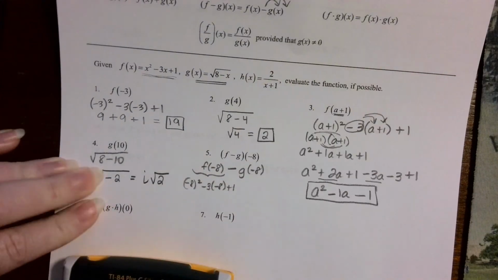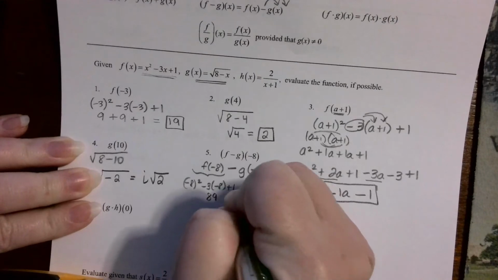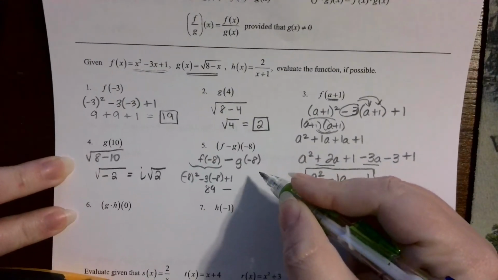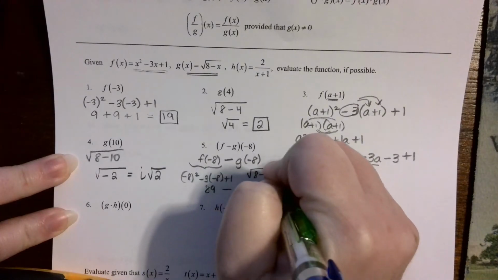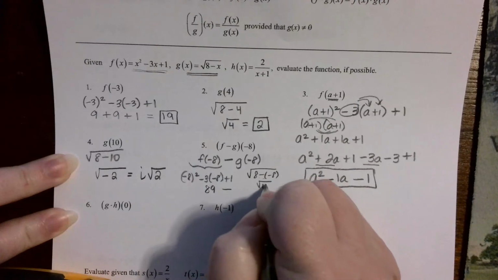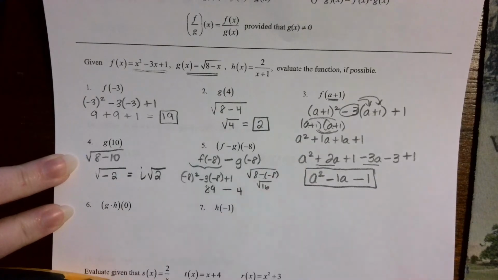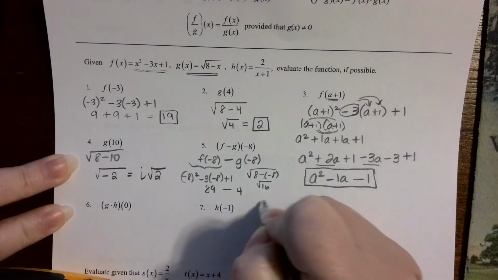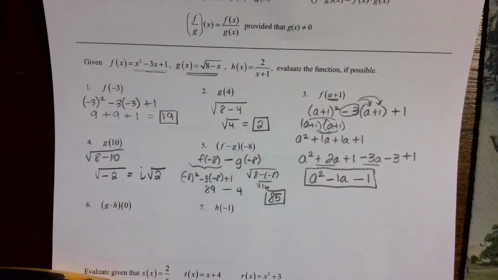All right, so we've got 89 right here, minus our g of negative 8. If we've got an 8 minus a negative 8, that minus is going to become a plus. So that's the square root of 16, because 8 plus 8 is 16, and the square root of 16 is 4. Well, 89 minus 4 is 85. So 85 is the answer to 5.